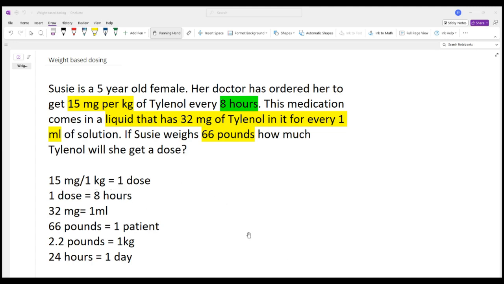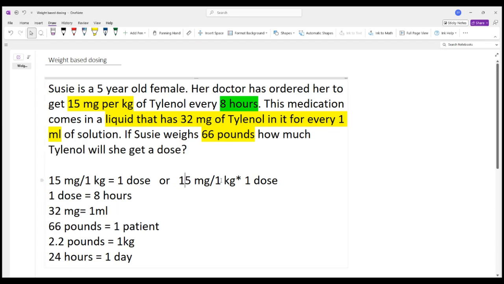Now, we could put this in a fraction one more way. You could say 15 milligrams is equal to 1 kilogram times 1 dose. It's going to be very important to be able to understand how you're going to change these what-is-equal-to-what statements into this fraction form.